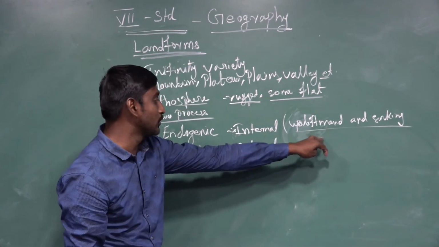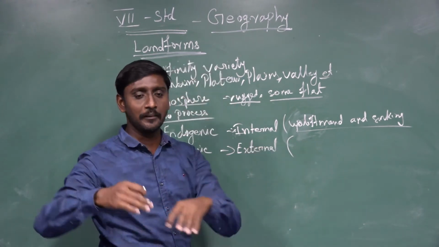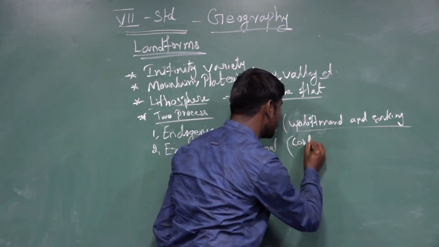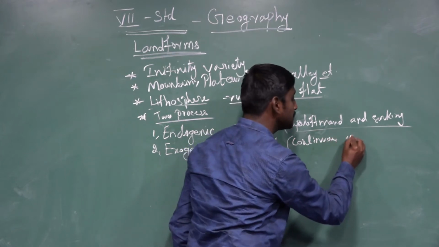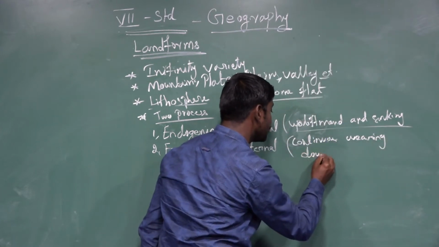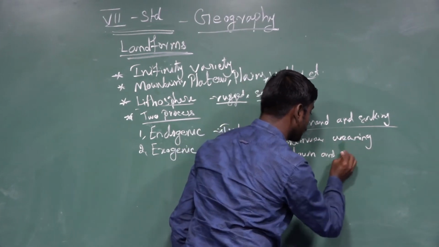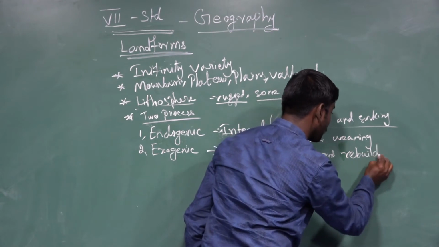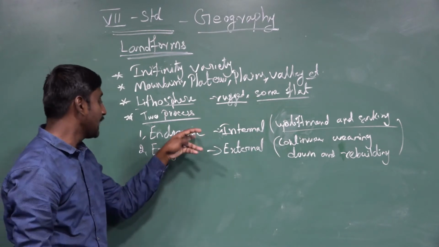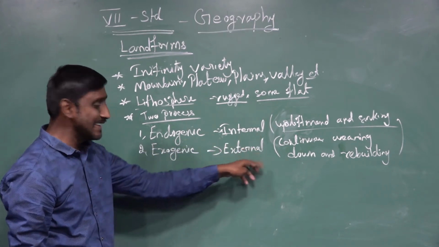The exogenic process is an external process on the upper part of the earth, involving continuous wearing down and rebuilding. So endogenic means internal process, and exogenic means external process.